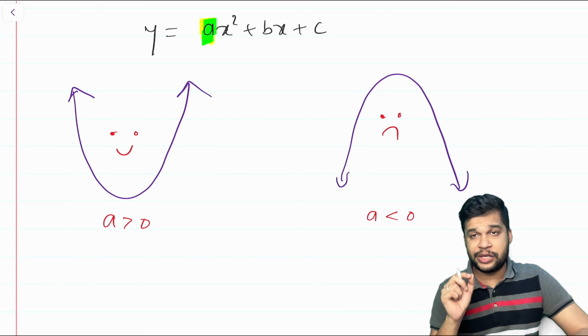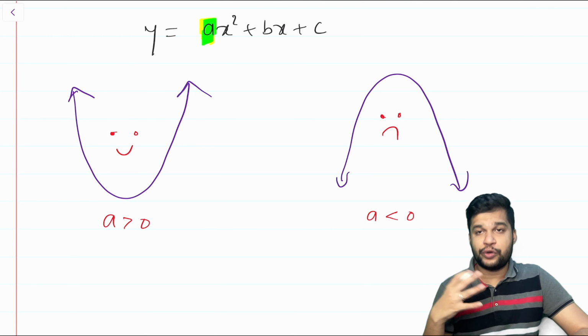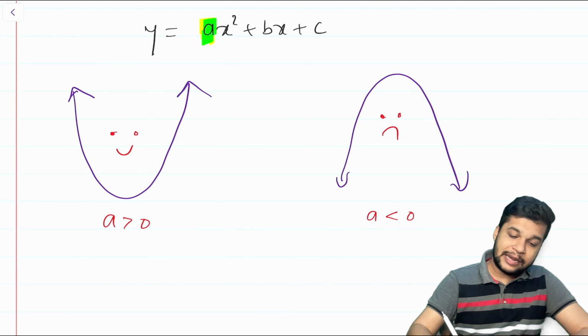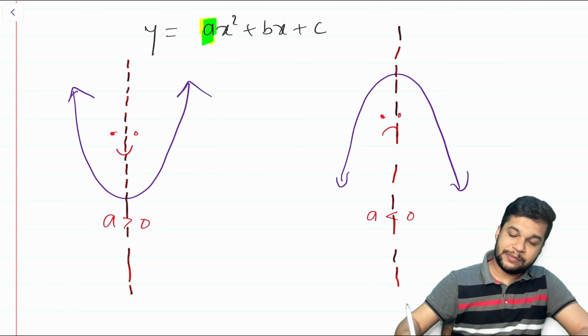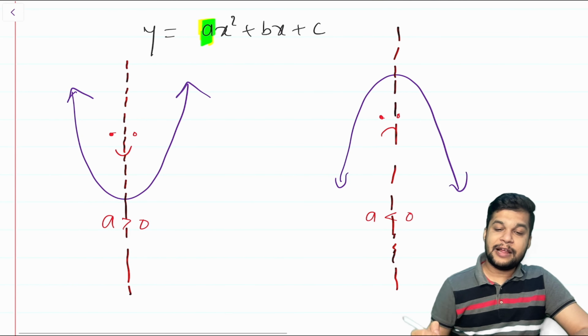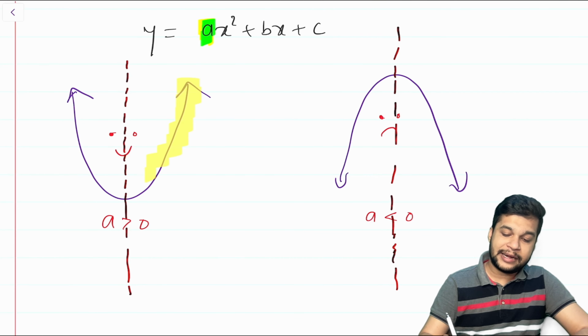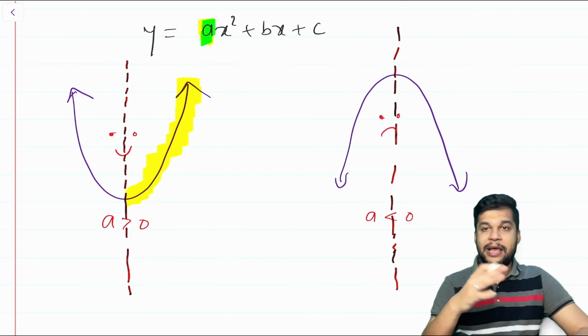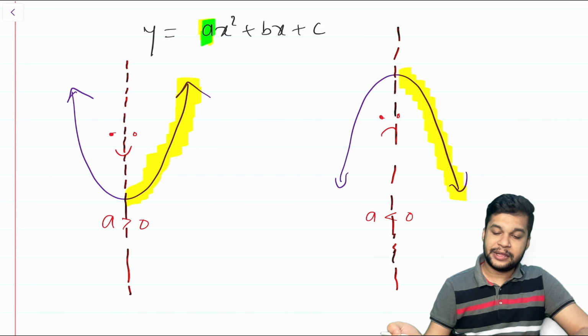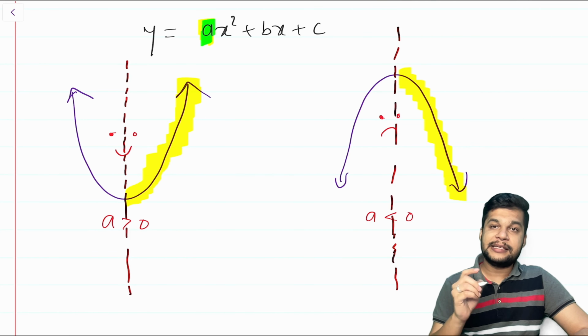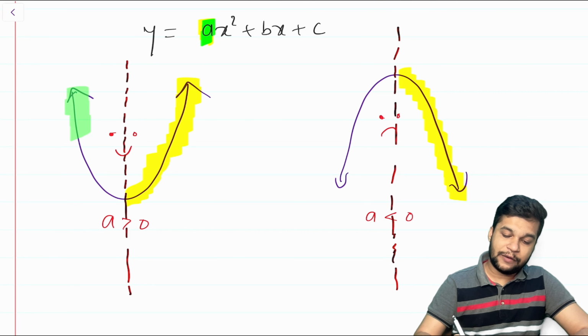Now one more interesting thing that you should observe is that the quadratic curves, the parabolas, are always symmetrical. The line that I've drawn, if you see the right hand side of the graph from the axis of symmetry, let's say the yellow side that I am highlighting here, is exactly the same as the left hand side of the axis of symmetry.